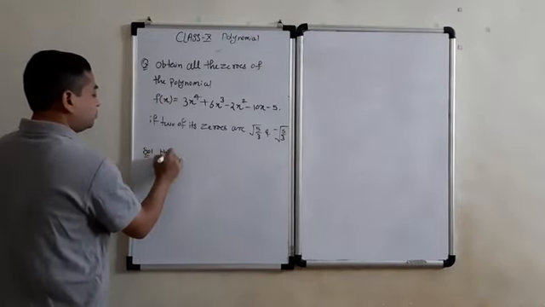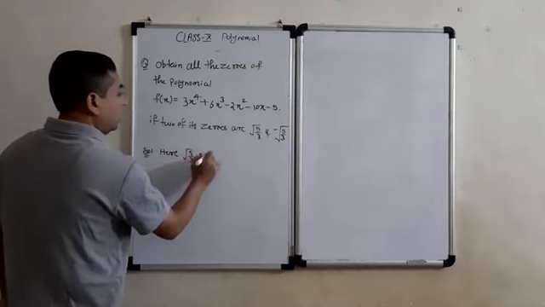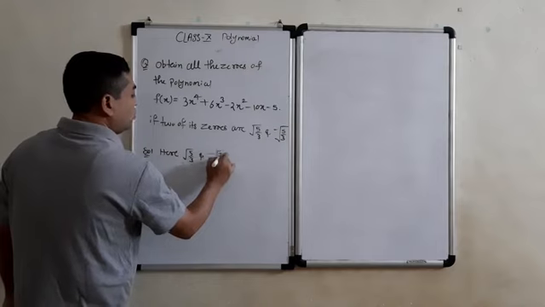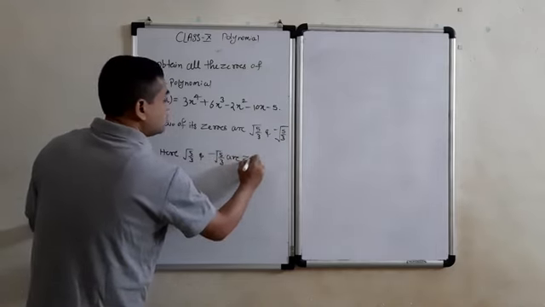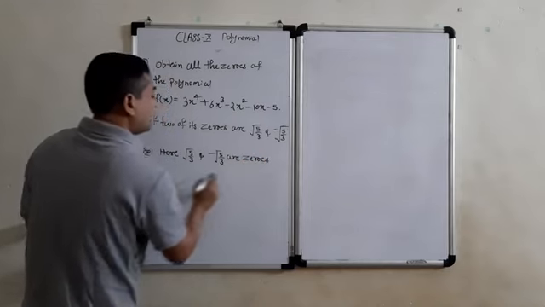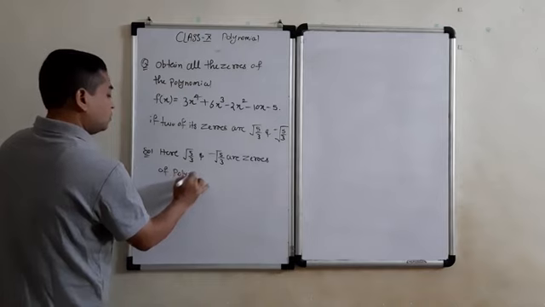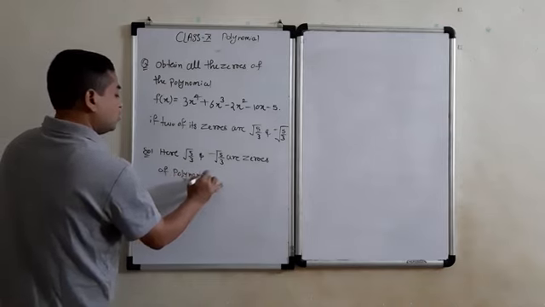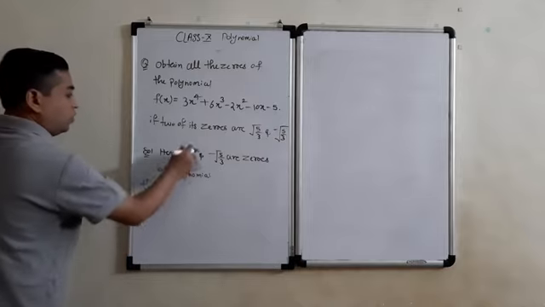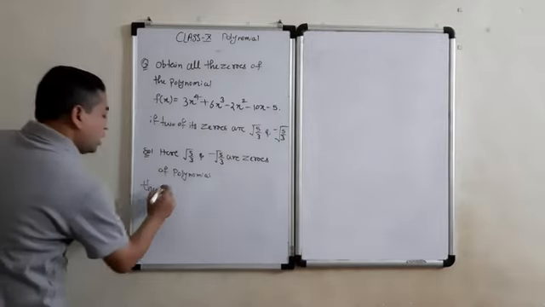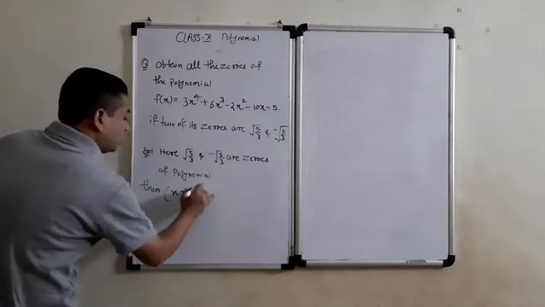here root 5 by 3 and minus root 5 by 3 are zeros of polynomial. Then we know that if root 5 by 3 is a zero, then x minus root 5 by 3 will be a factor.